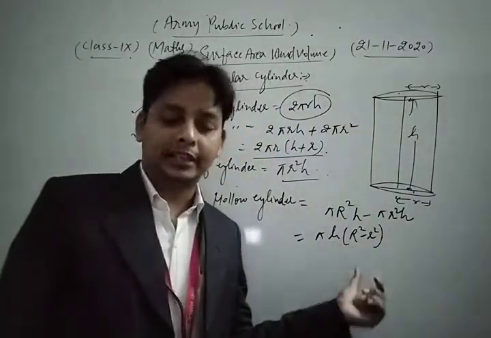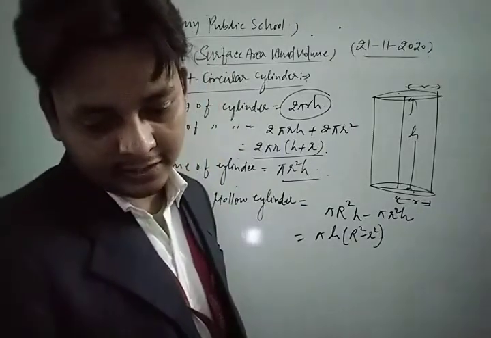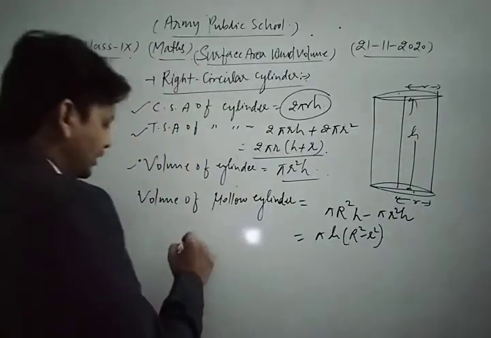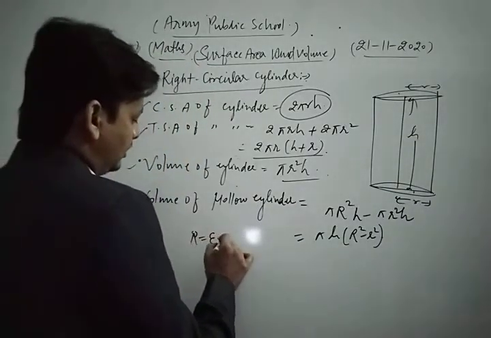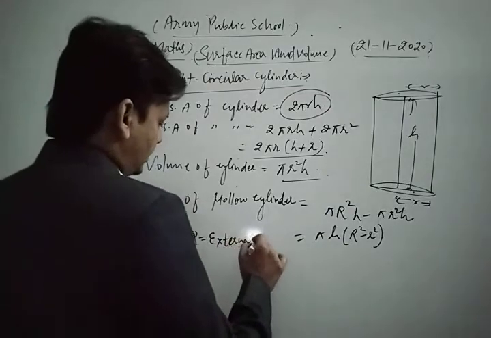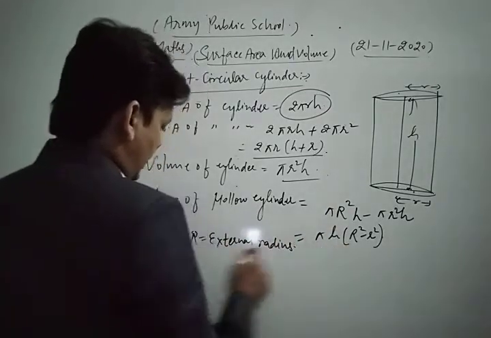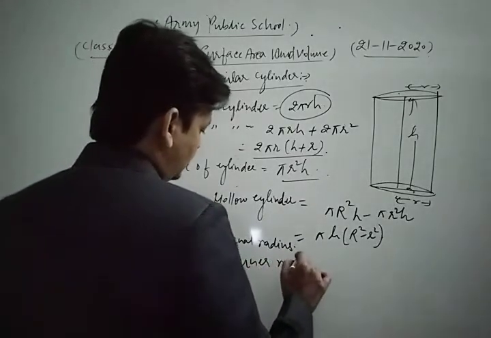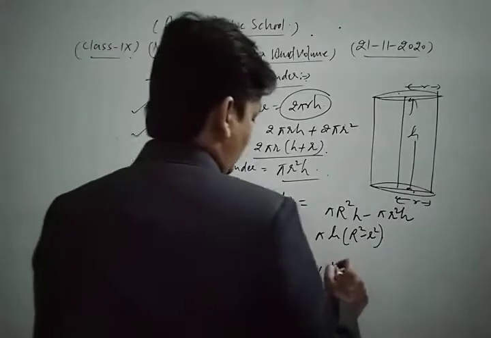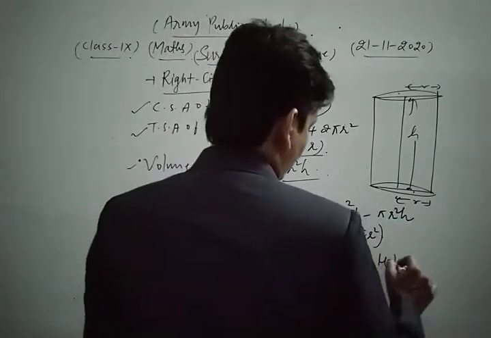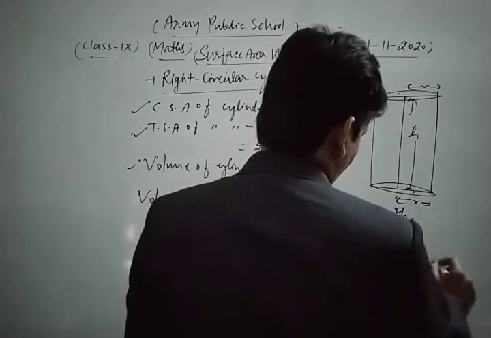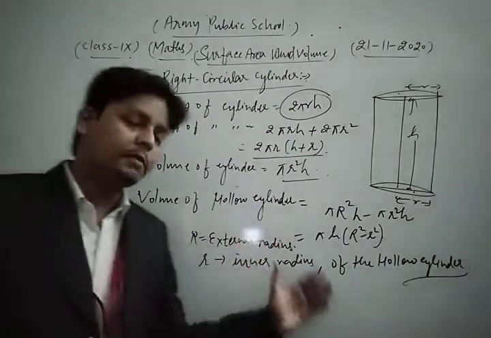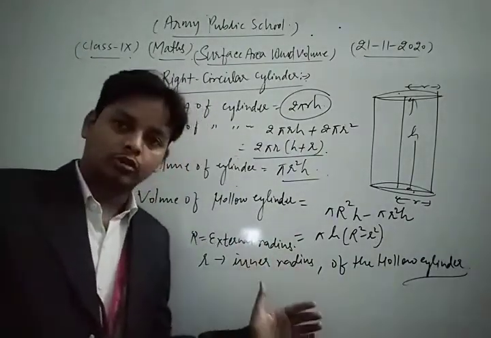Here capital R is the external radius of the hollow cylinder, and small r is the inner radius of the hollow cylinder. Okay, so these are the very important concepts related to the hollow cylinder.